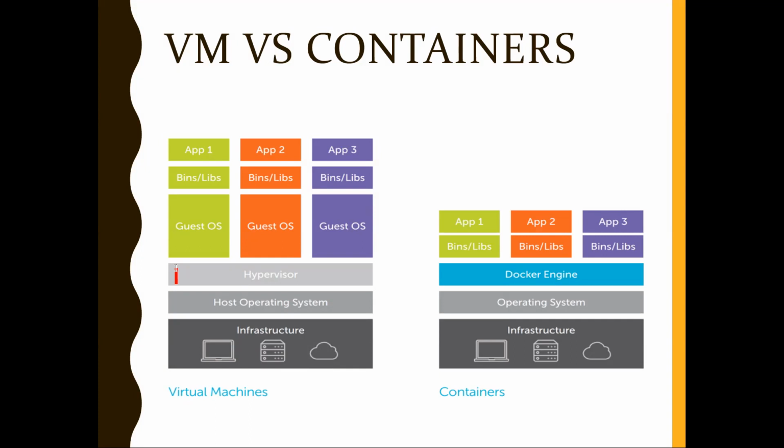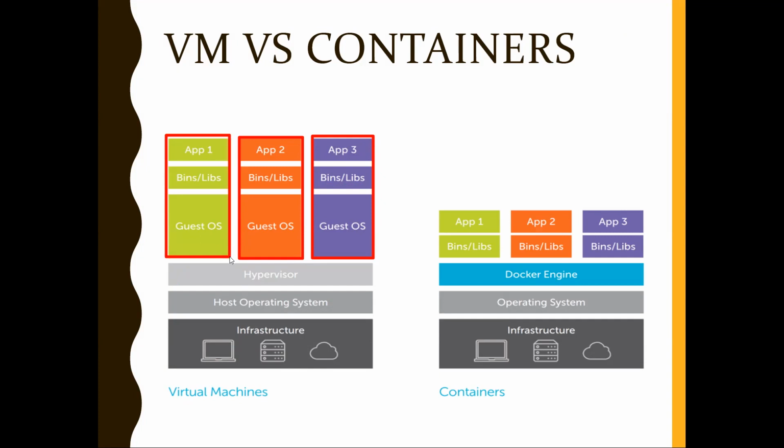So that's your hypervisor. Now above this, you can have virtual machines. This is your virtual machine one, this is the second virtual machine, and the third one. So we have three VMs. Every VM has its own operating system, which is called the guest operating system.